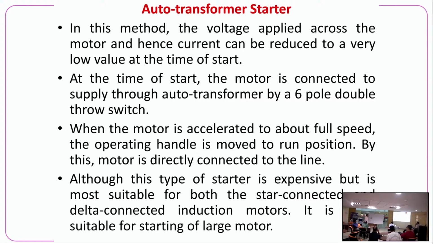Because phase voltage is reduced by the factor x, phase current is reduced by the factor x, but line current will be x square times. So phase current is reduced by factor x, line current is reduced by factor x square, and torque is reduced by the factor x square. So this is equivalent to the star delta starter, where x square equals 1 by 3.